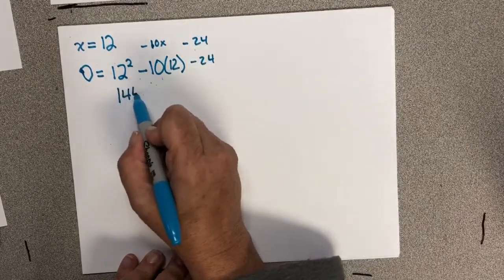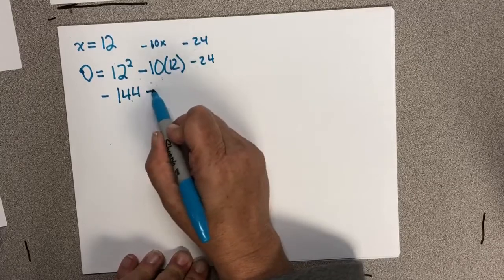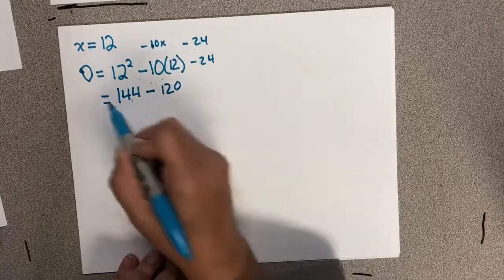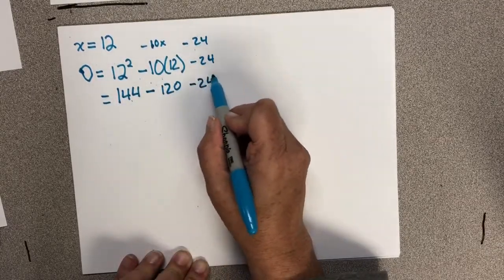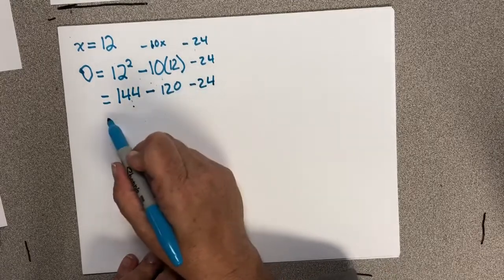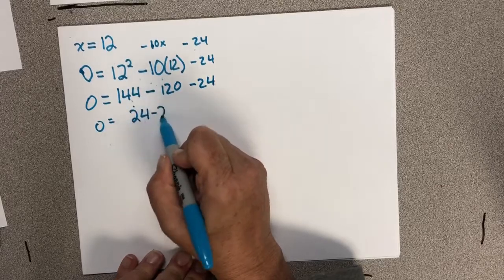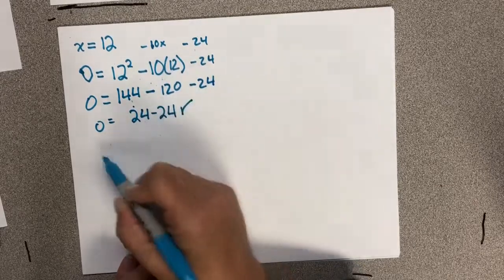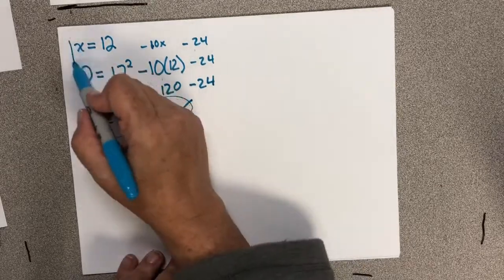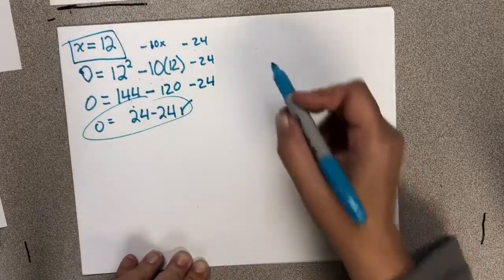That's 144 minus 120 minus 24. 144 minus 120 is 24, minus 24, and that does equal 0. So x equals 12 is a solution.